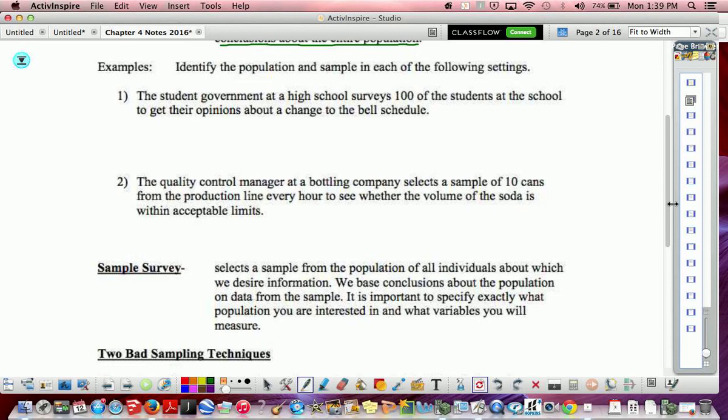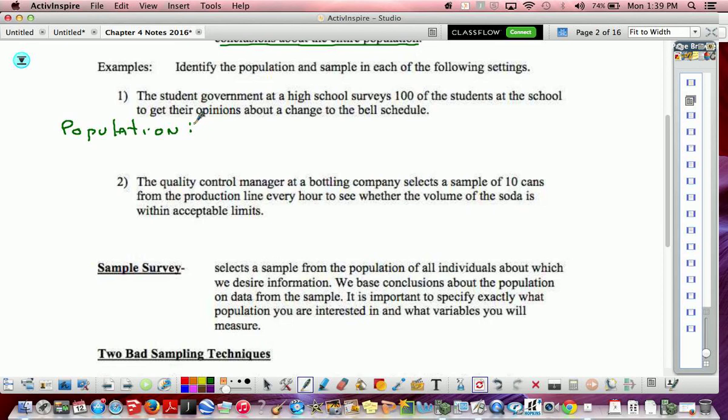So in the first one here, it says the student government at a high school surveys 100 of the students at a school to get their opinions about a change in the bell schedule. So when you're describing the population and sample, you want to be specific. You don't want to be lazy and just say, oh, it's students. Okay? Because yeah, it is students, but we need to be specific.